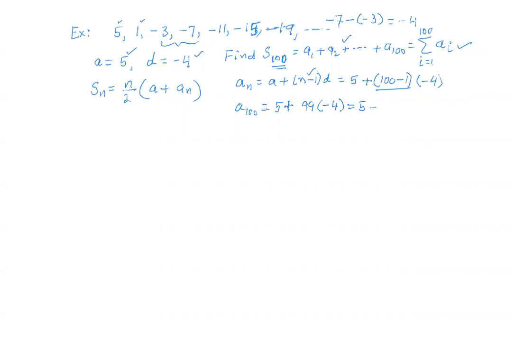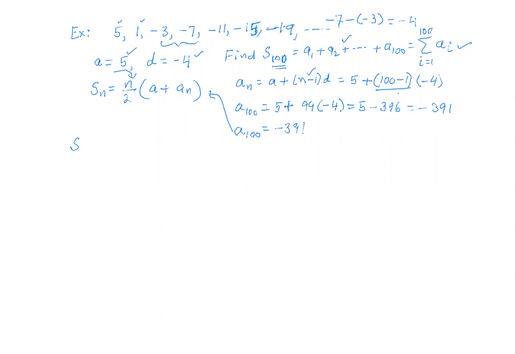It's going to be negative 396. So if you simplify it, it's going to be negative 391. So your A sub 100 is equal to negative 391.